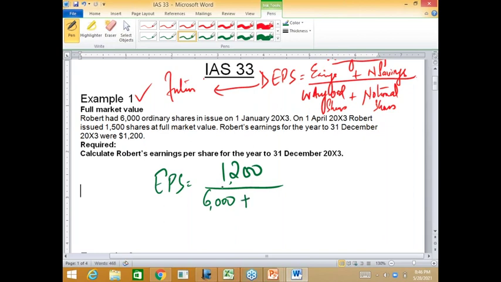That was issued on 1st January, so it will be counted at full. And further, the company has issued 1500,000 at full market price.